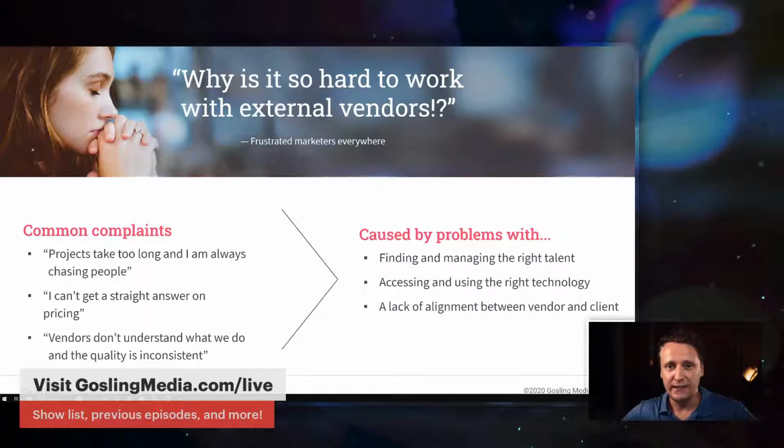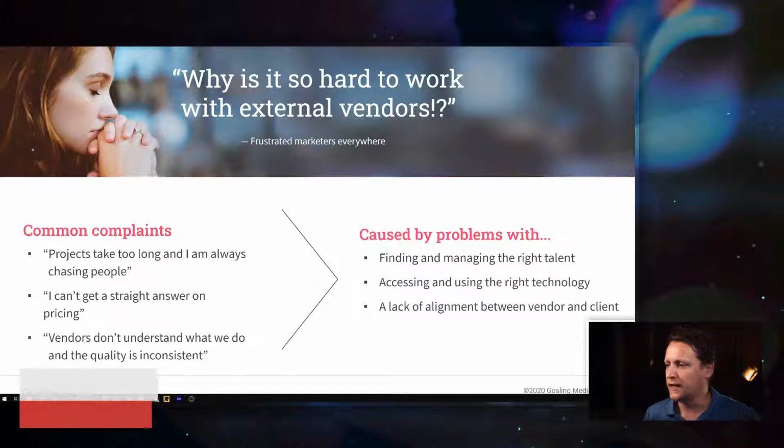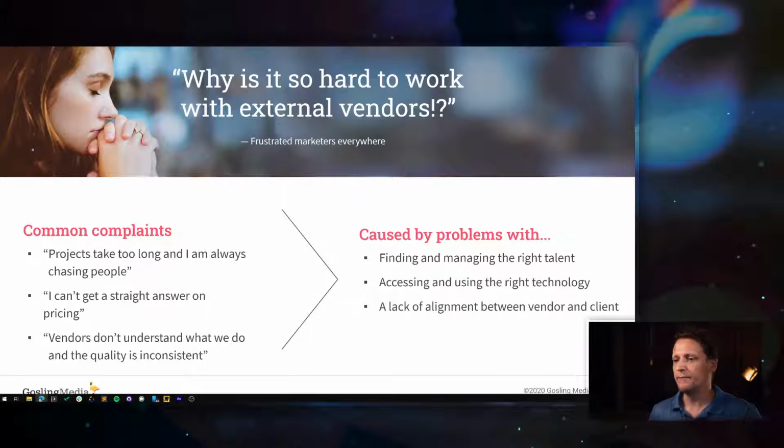It used to drive me crazy when I was the client working in-house, hiring a vendor. Say I wanted to get a video produced, and 4 or 5 emails go by before I even get an actual quote from them, so that I can decide whether or not I want to work with them. So that's incredibly frustrating when you can't get straight answers on pricing.